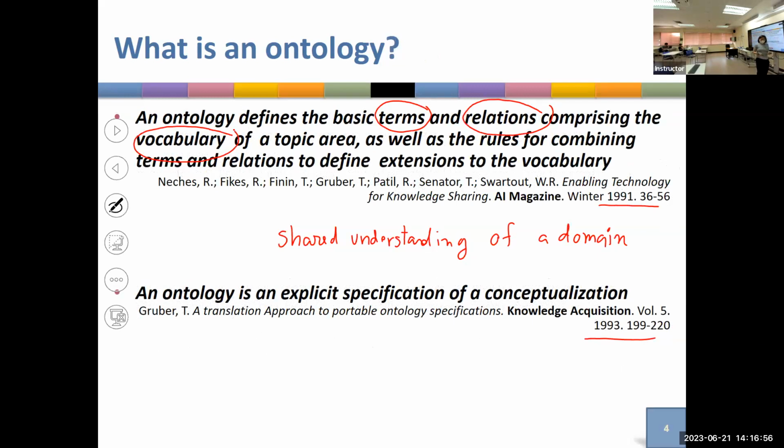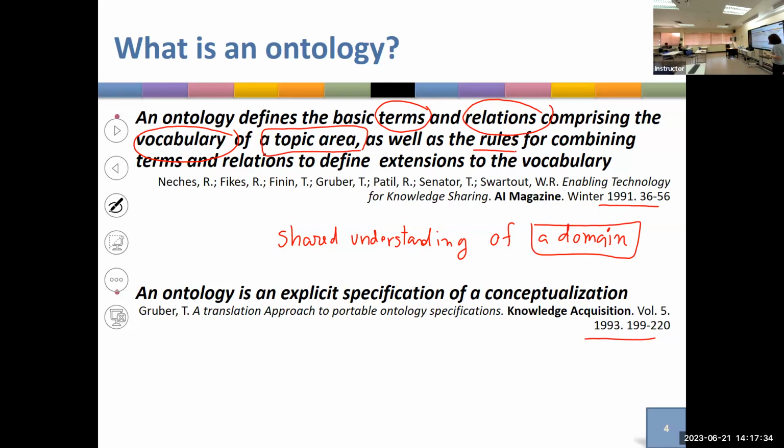We are defining terms, relations, or in other words, vocabulary of a certain topic area. This is the same thing as what we mean by a domain, an area of the things you are interested in, as well as rules. Rules could mean condition, relation, restriction, axiom. So this is one definition.